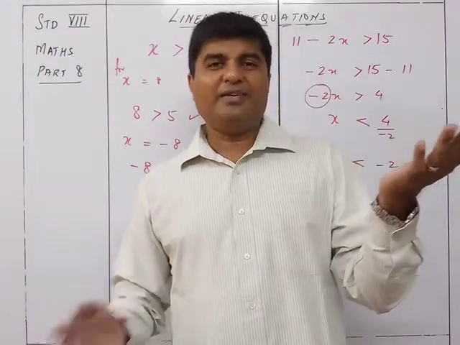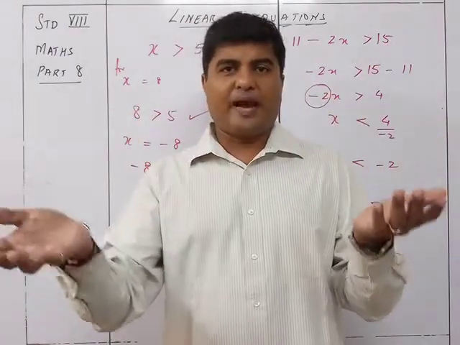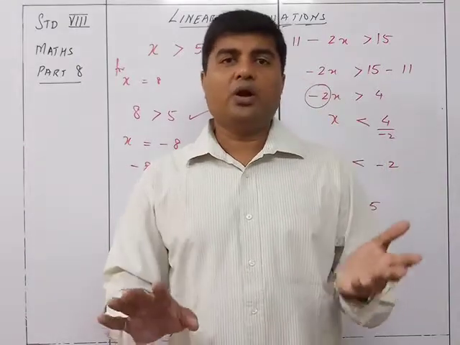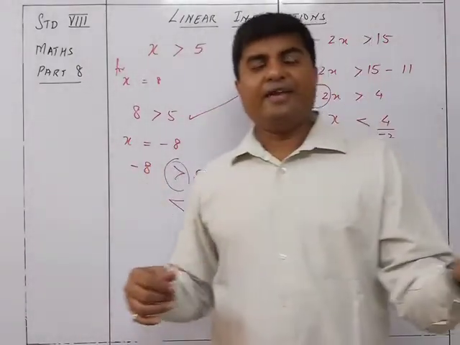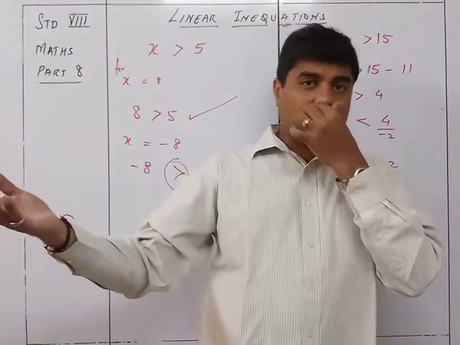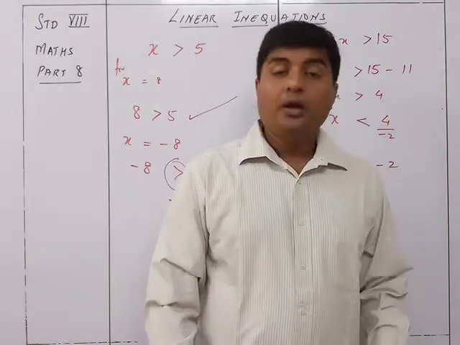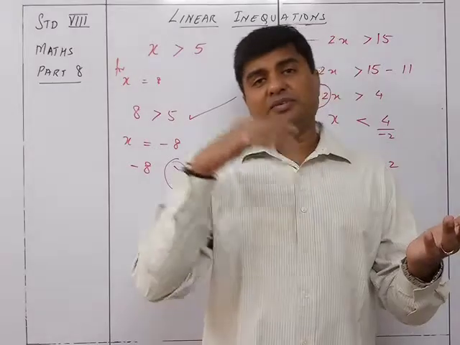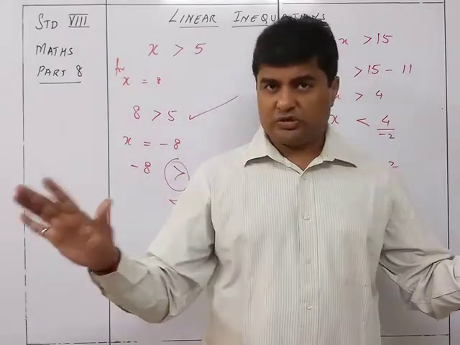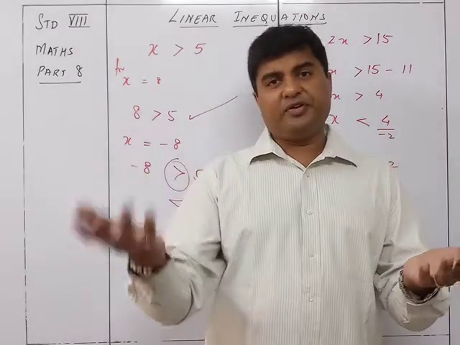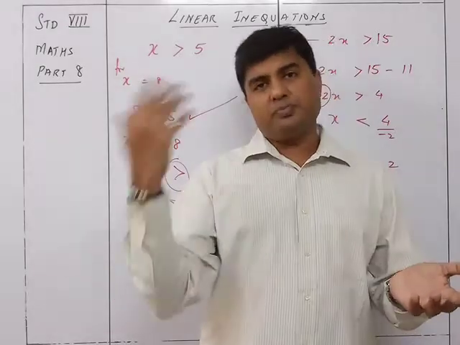If there is addition here, there is subtraction there; if subtraction here, then addition there. Same way in inequations also, addition on one side becomes subtraction on the other side. Subtraction on one side becomes addition on the other side. Multiplication on one side becomes division on the other side, no change. Division on one side becomes multiplication on the other side, no change.